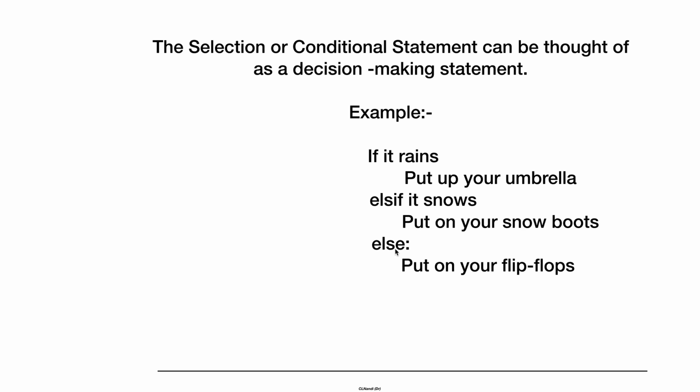Else, if it's not raining or snowing, or if it's anything else, then put on your flip-flops. Can you see how decisions are being made and how you're selecting different options according to different conditions?